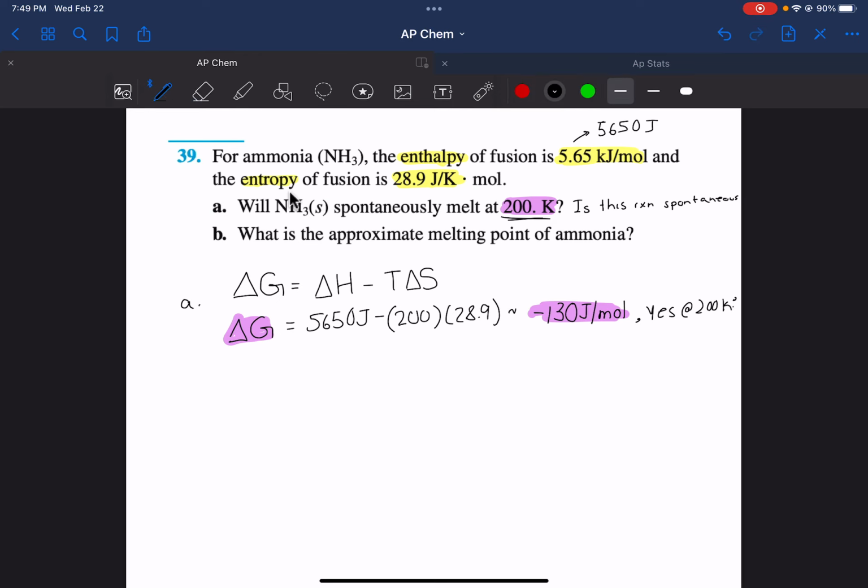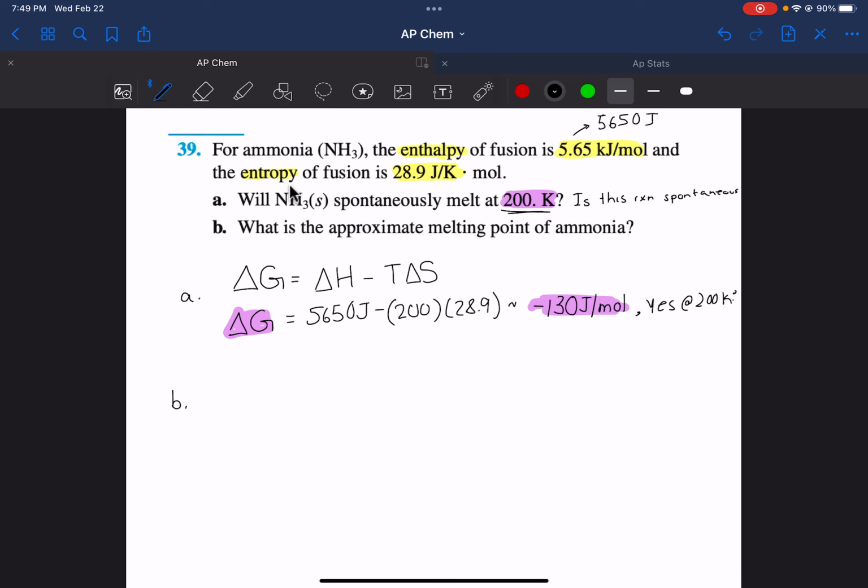So to solve for this, you set delta G equal to 0. This is how you solve for the melting point. At the melting point, delta G equals 0. So if delta G equals 0, I can say that 0 equals the enthalpy minus the entropy times the temperature.